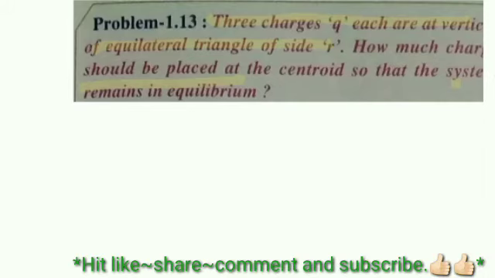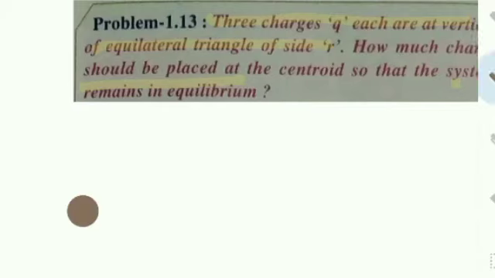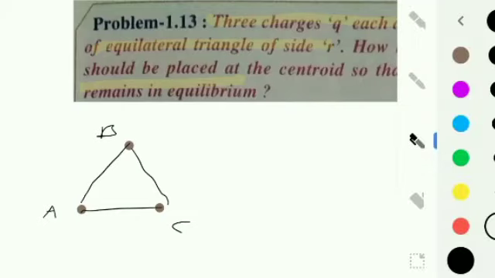From this information, three charges 1, 2, 3 form an equilateral triangle, A B C. Force between B and C is along the BC direction.